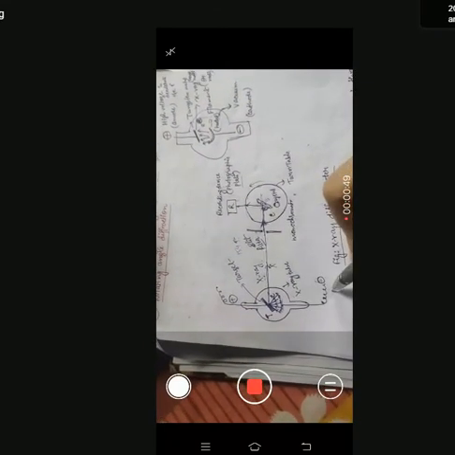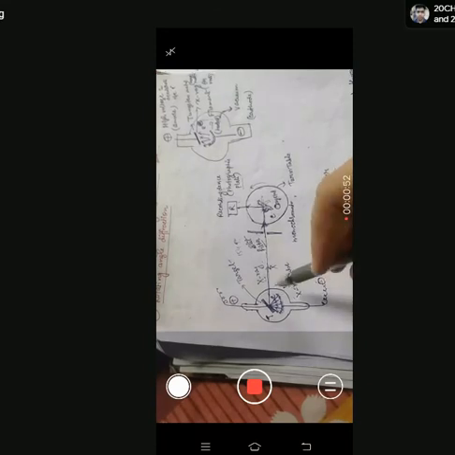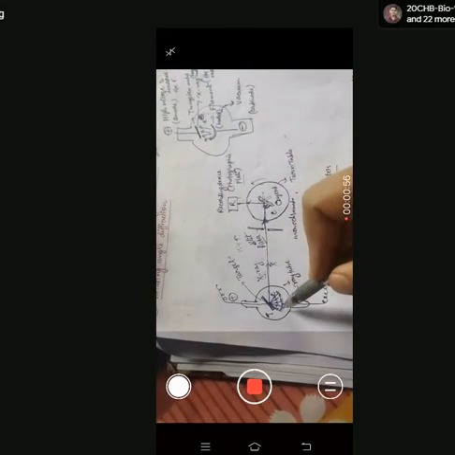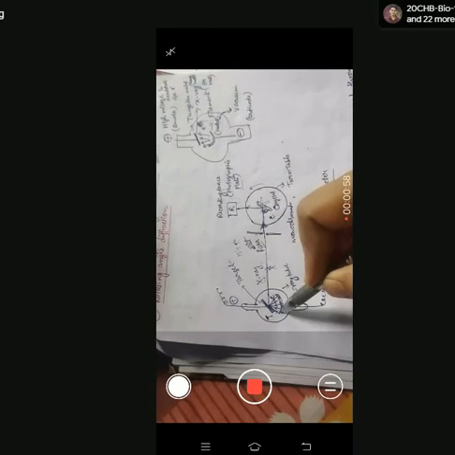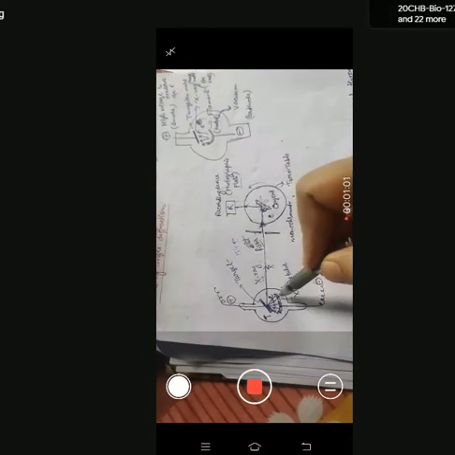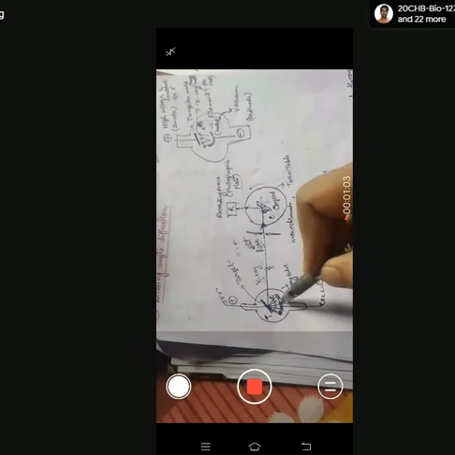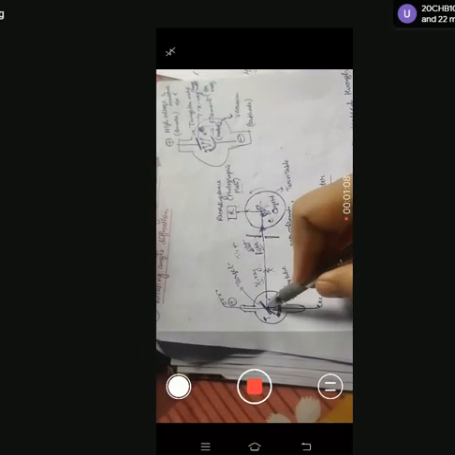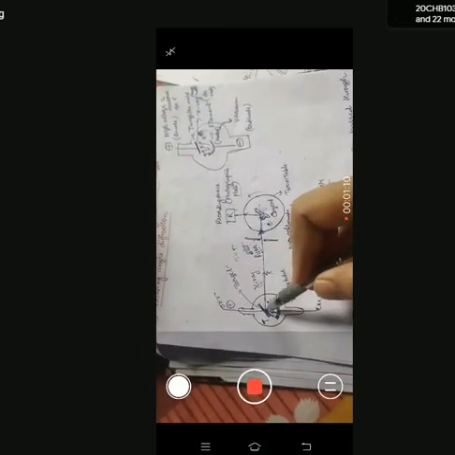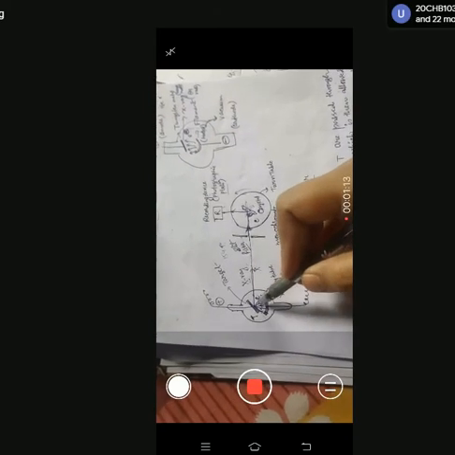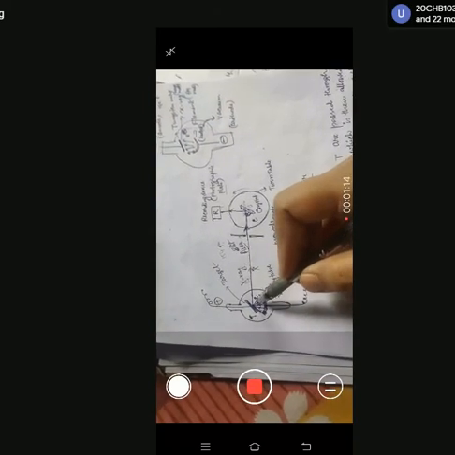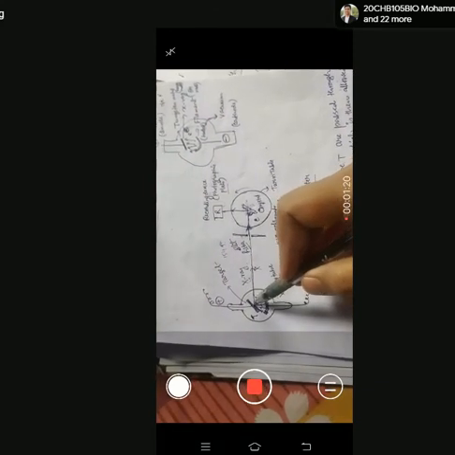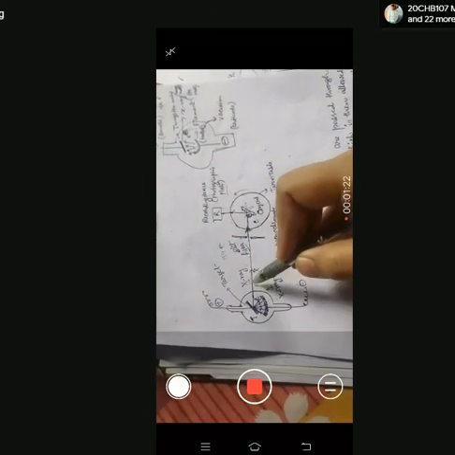There are two sides, cathode and anode, and high voltage is applied, and there is a filament. When you apply high voltage, electrons are released from this filament and strike a metal, which is tungsten. This high velocity electron strikes the surface of the tungsten, and because of this high velocity striking, X-ray is released.